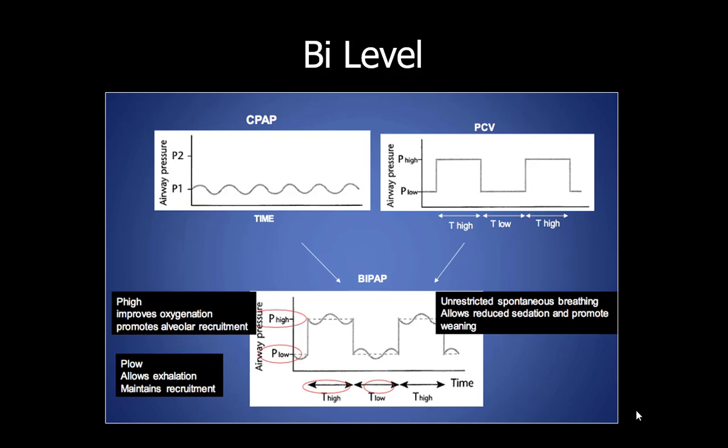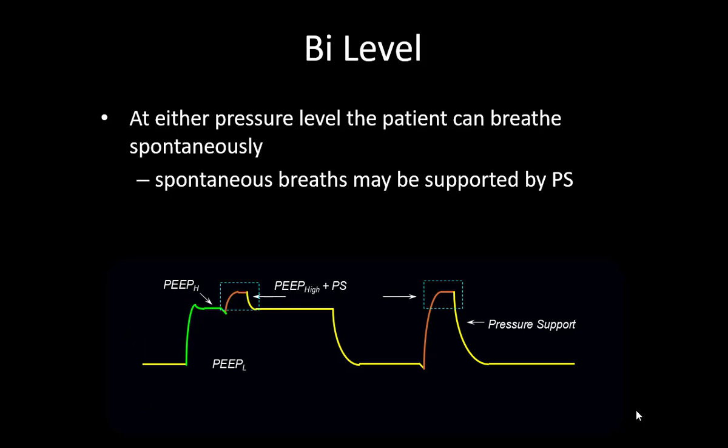What is this P high doing? It improves the oxygenation, promotes alveolar recruitment. P low allows exhalation, maintains recruitment, and there is unrestricted spontaneous activity. So at either pressure level, the patient can breathe spontaneously. Spontaneous breath can be supported by pressure support as well.